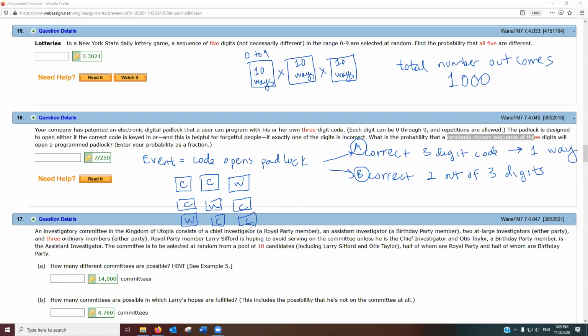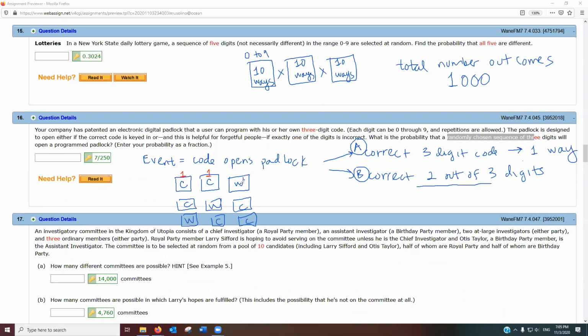Either one of these 3 possibilities would get the correct 2 out of 3 digits, and the padlock would open. So let me figure out how many ways there are for this to happen. Well, for the correct digit here, there's only one way. I have to get the correct first digit. There's only one way for this correct second digit. How many ways can I get the 3rd digit wrong?